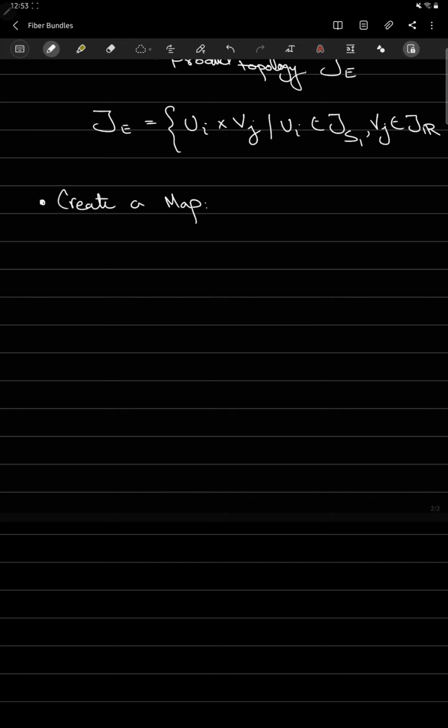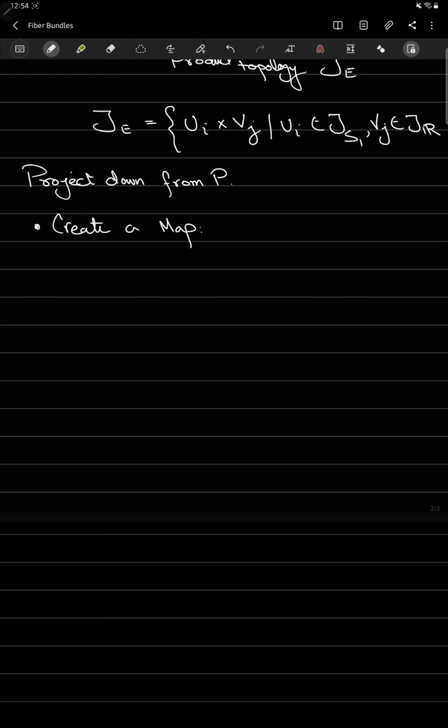Let me also write down that I have to project down from point P, and why we want to do that is simply because we can assign this point P in the base space, right?